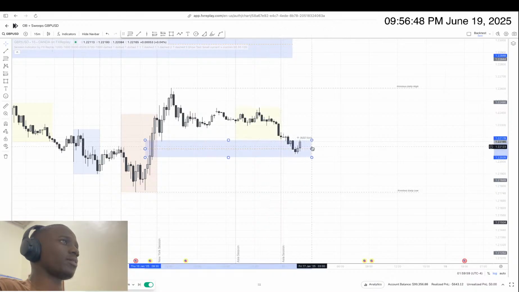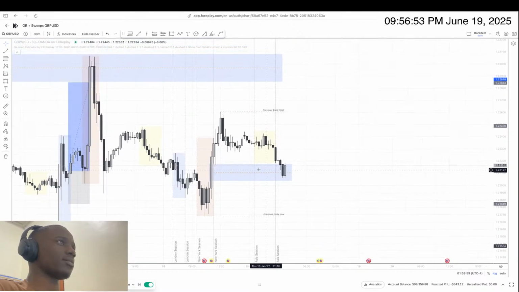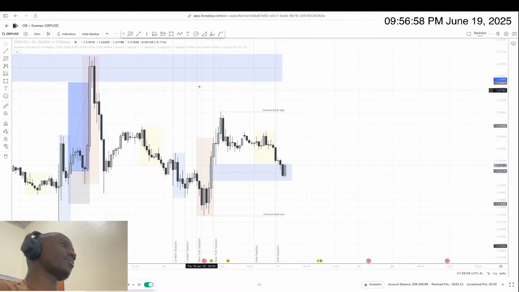I'd like something cleaner like this. And when I go to the 30-minute, you can see that we retraced back into the gap, which means, okay, this entry would really be a good one.